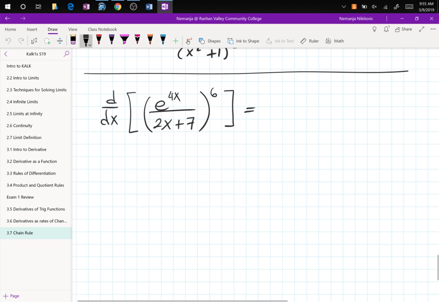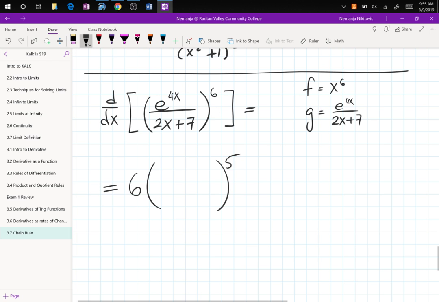So what's the outer function f? X to the sixth. Good. And then the inner function g is e to the 4x divided by 2x plus 7, so the quotient rule. So the derivative is 6x to the 5, right?